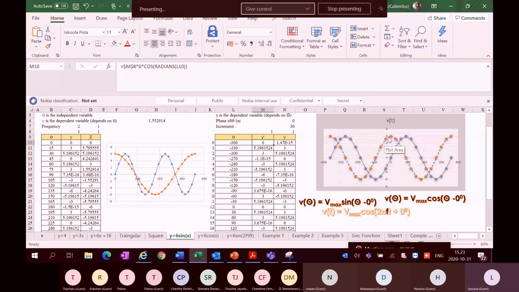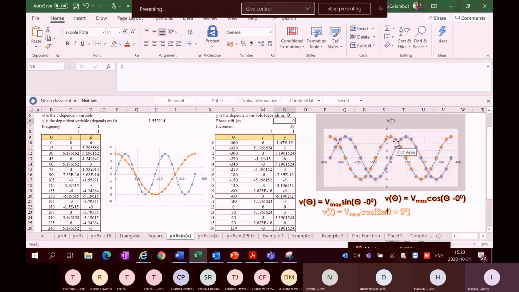And importantly, the sine graph doesn't coincide with the cos graph. You can't put the sine graph on top of the cos graph, because sine and cos are different. However, if you make the phase angle 90, maybe plus 90, see what happens.